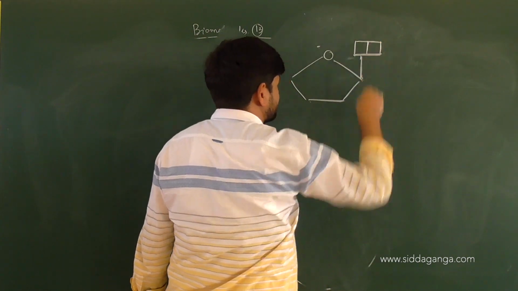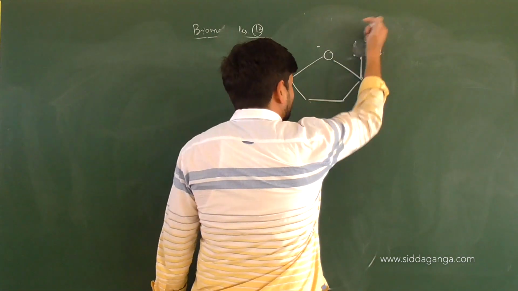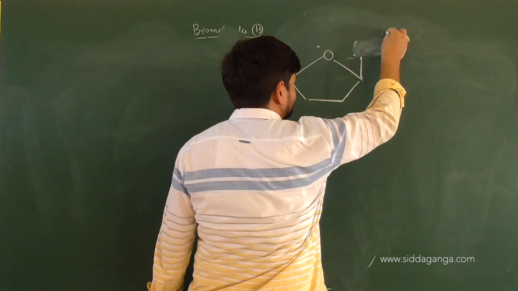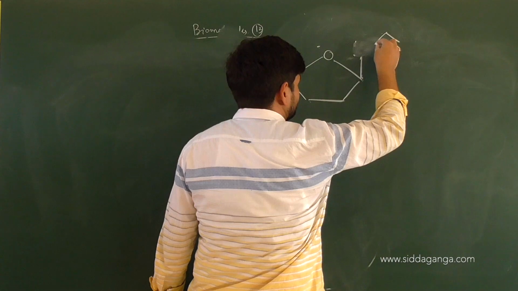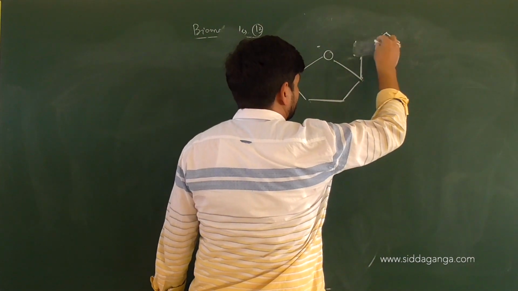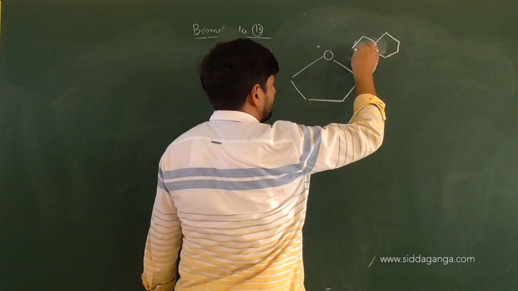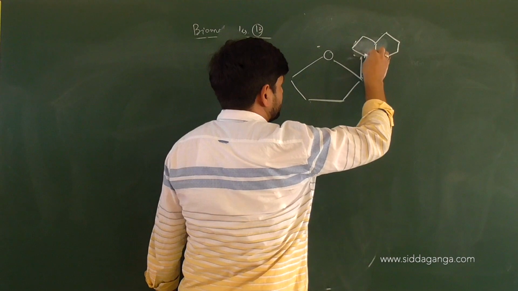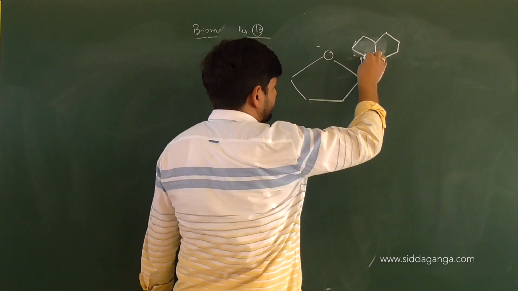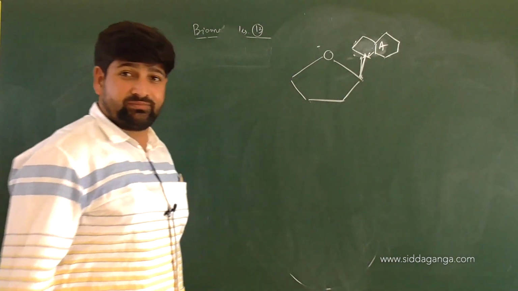Suppose this is a double ring structure, right? Or if you get confused with this, this is nitrogen, so via nitrogen it is linked. Say this is adenine.